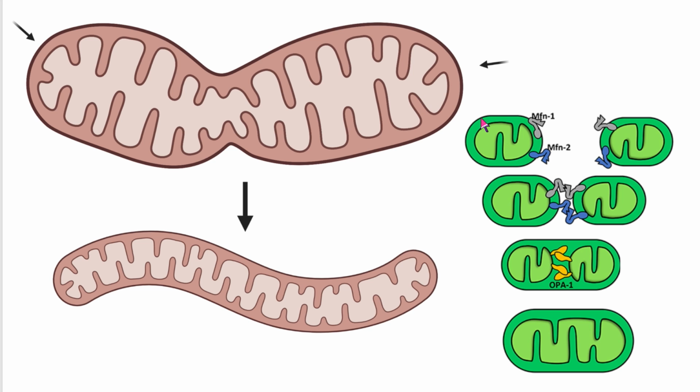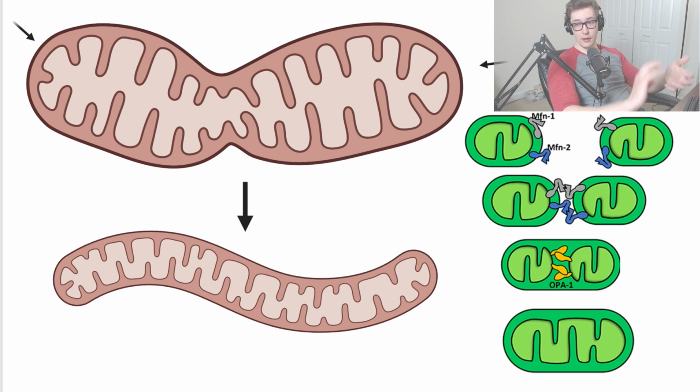Now, on the outer surface of the mitochondria, in the outer membrane, there are these proteins known as the MFN proteins. These MFN proteins interact with the MFN proteins of the other mitochondrion and entangle themselves together, kind of holding hands almost.